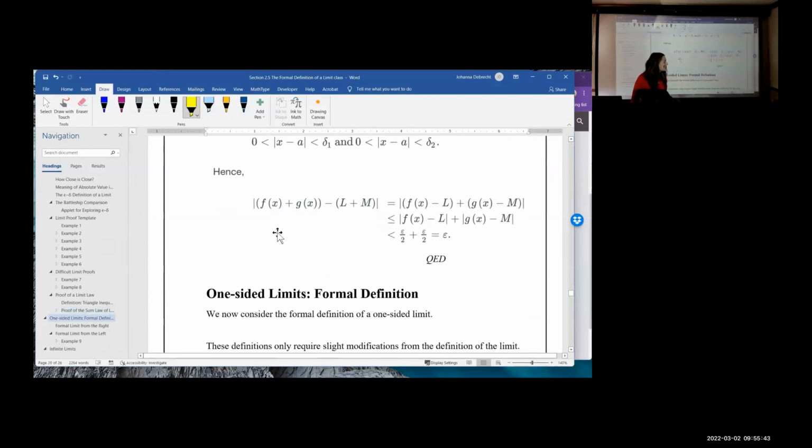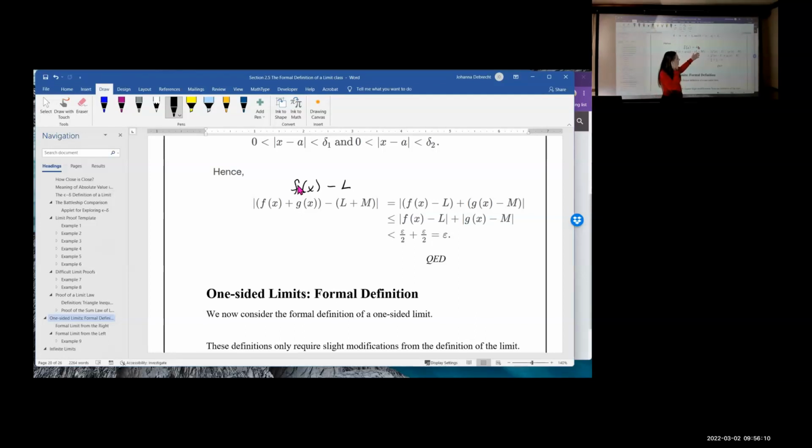Then we can say that the limit of f of x plus g of x minus l plus m, and again, this is nothing more than our function f of x minus L from the original proofs that we were doing. So we take our new function, which is f of x plus g of x, and its limit, L plus m, and we subtract the two.